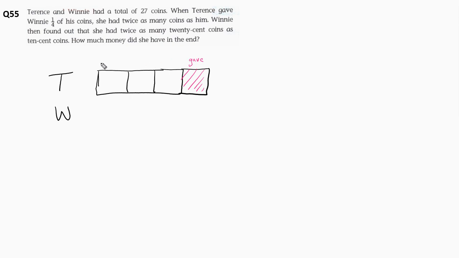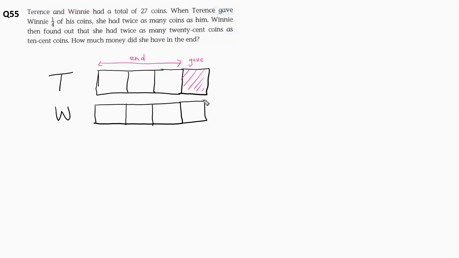Well, what does he have in the end? Terence has this number of coins, and if Winnie ends up with twice what he has, then that would be 3 parts to 3 parts, and then she would have 3 more parts, wouldn't she?